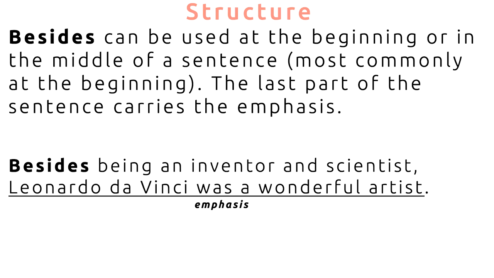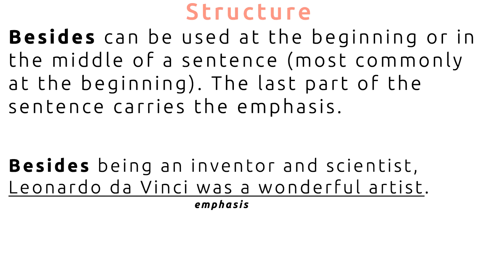Now let's look at besides. Besides can be used at the beginning or in the middle of a sentence, but most commonly at the beginning. The last part of the sentence, like before, carries the emphasis. So look at the example below. Besides being an inventor and a scientist, Leonardo da Vinci was a wonderful artist.